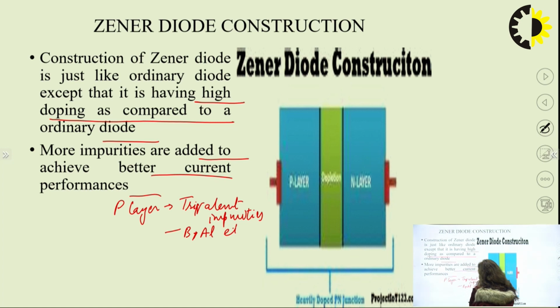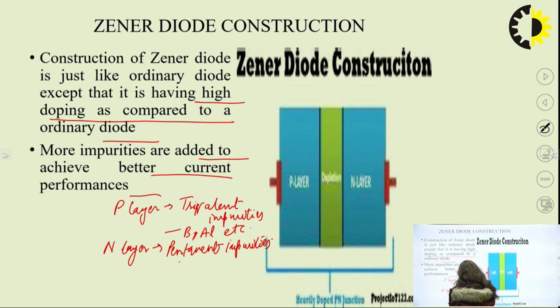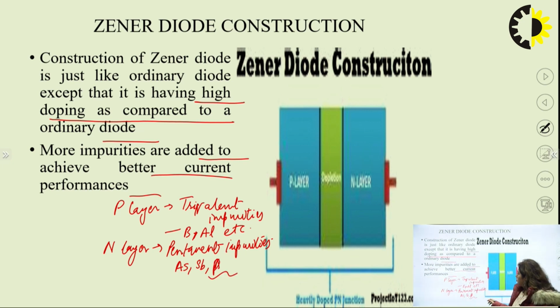These are trivalent impurities, etc. And the N layer is constructed with pentavalent impurities. And what are these impurities? Like arsenic, antimony, or phosphorus.